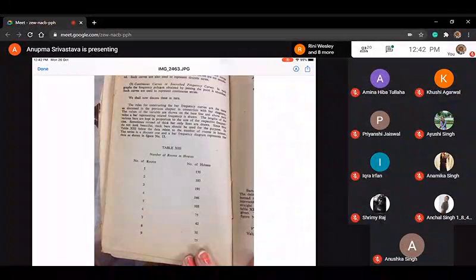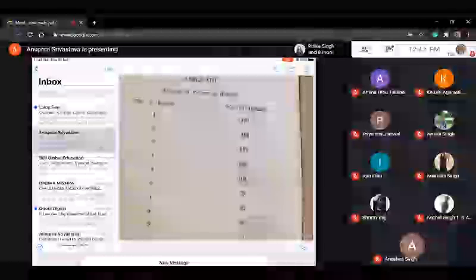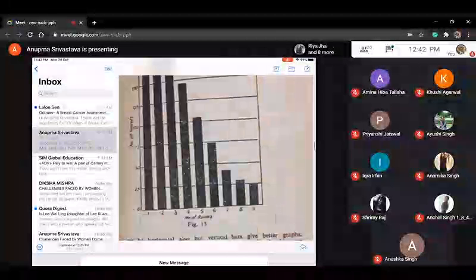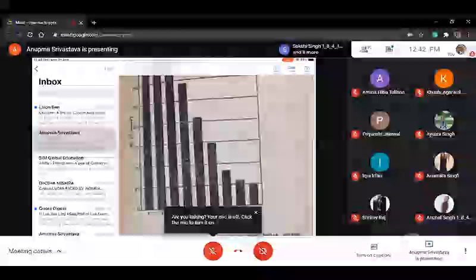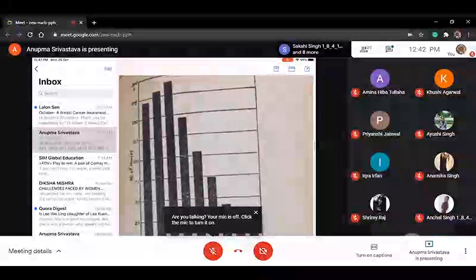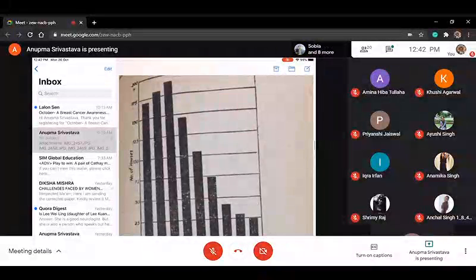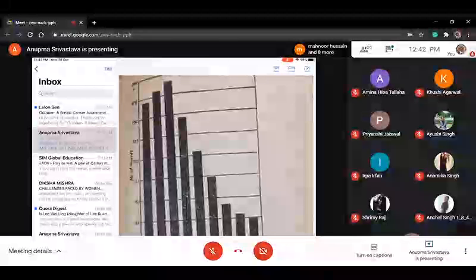Number of rooms on the x-axis 1 to 9, and for the number of houses you have to find out which is the minimum and which is the maximum. The difference has to be equal, so we are doing it 25, 50, 75, 100, 125, and then you plot these points.